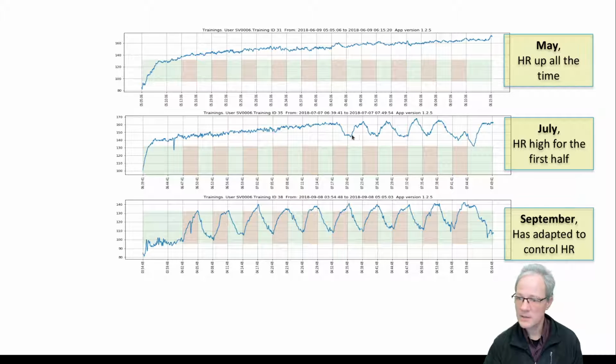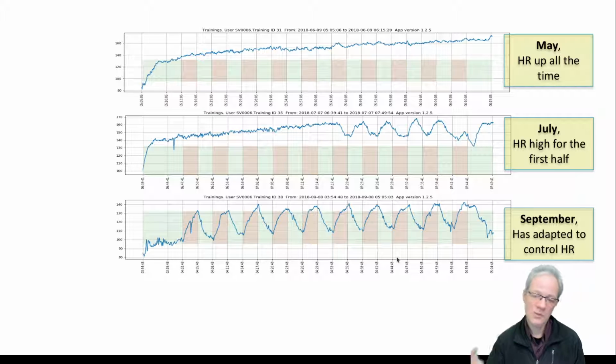After a couple months, we are observing that in the beginning it's high, but as the training session goes on, somehow the heart rate starts to fall, to go lower, right? So it's still not going to the lowest desired zone for the person, but at least the shape of the data starts to show a promise in the training for this person. And again, a couple of months later, in September, the data actually starts looking like a fairly good training session for this person.